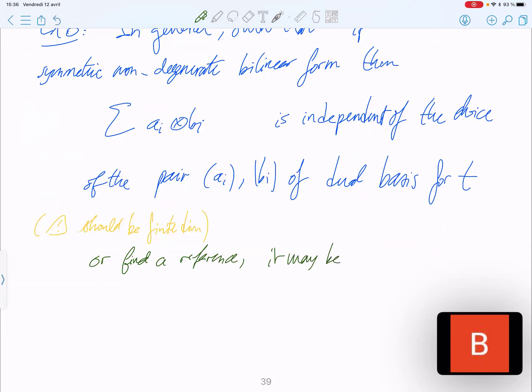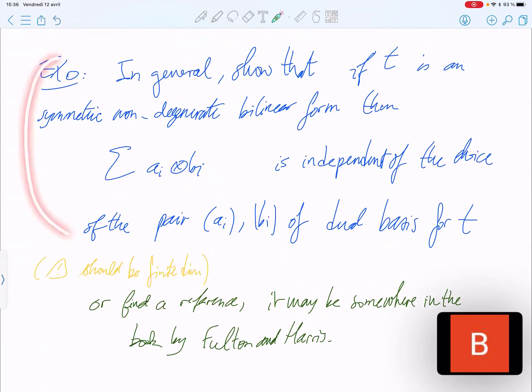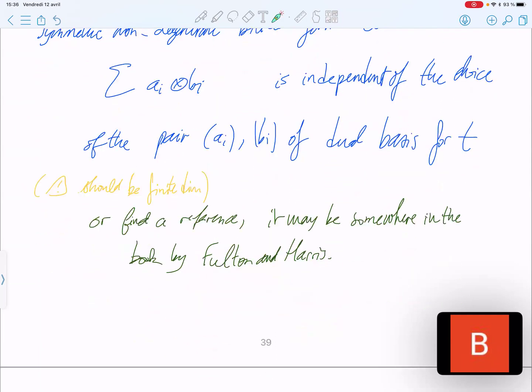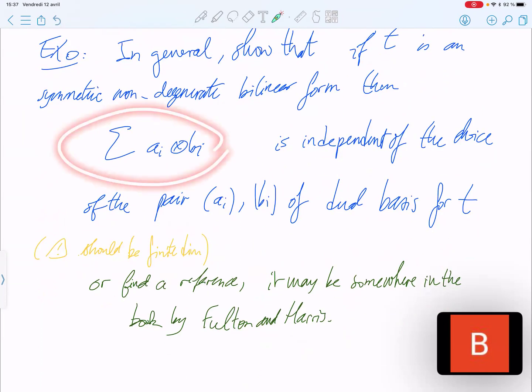It may be somewhere in the book by Fulton and Harris. So the exercise is to prove that, or to find where it is written in Fulton and Harris book. So this is independent of the choice of the pair of dual bases.